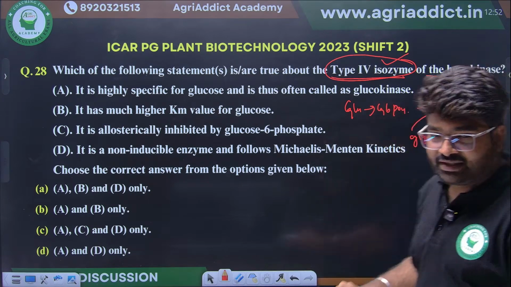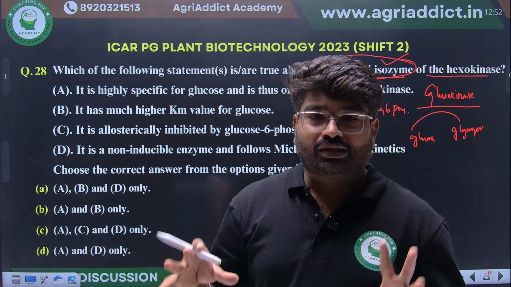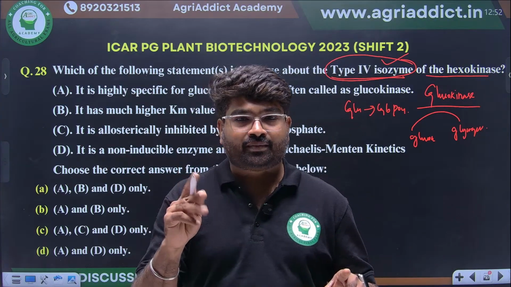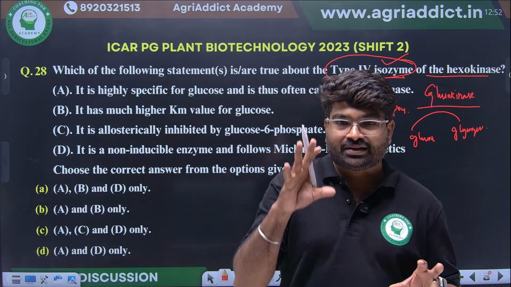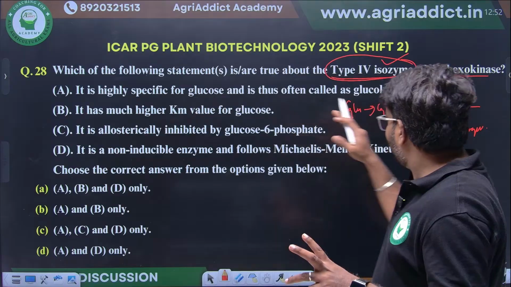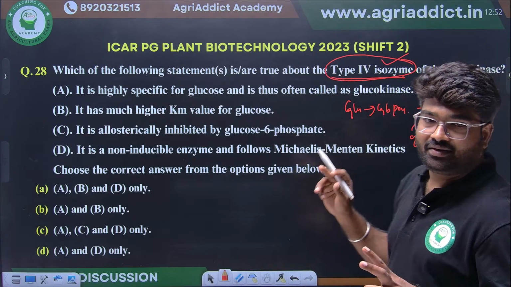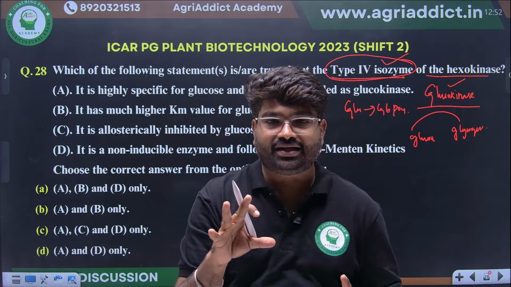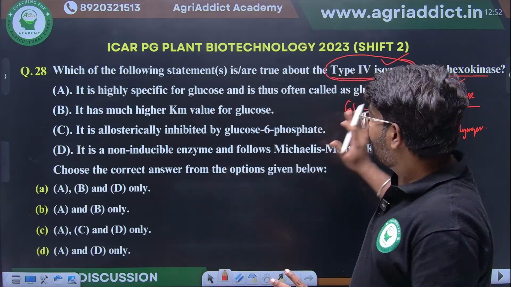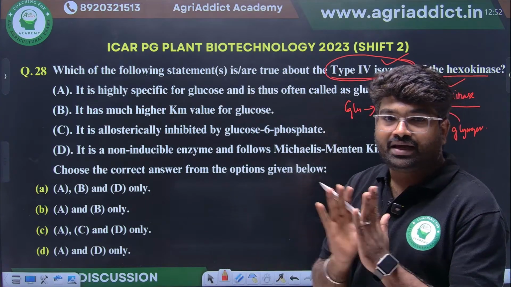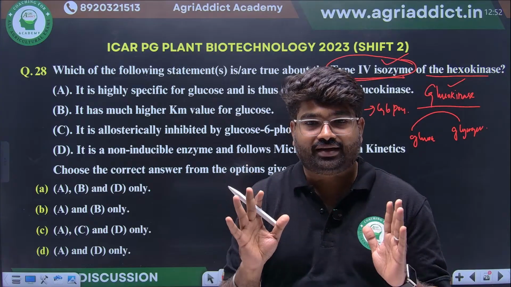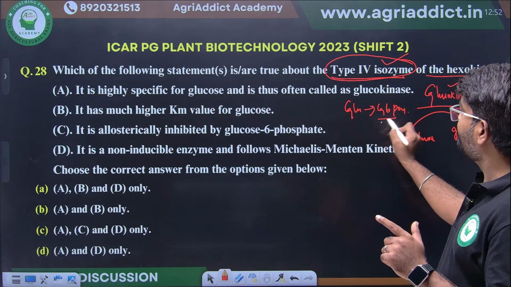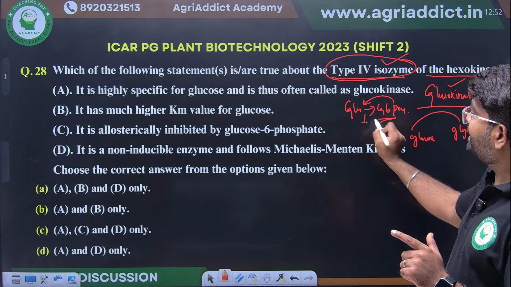Just imagine if there is so much glucose in our blood, first insulin will be produced. This insulin will enhance the activity of glucokinase, or signal the synthesis of the glucokinase enzyme. The important thing about glucokinase is that it is not inhibited by its product, glucose 6 phosphate.